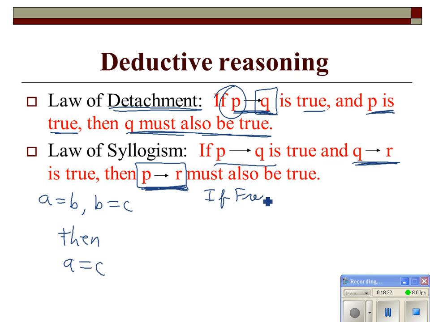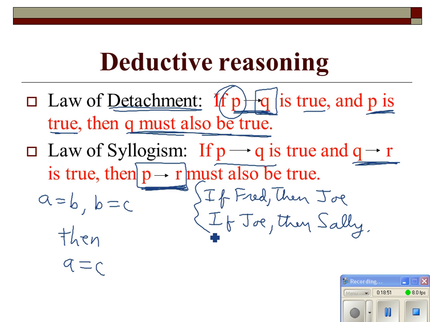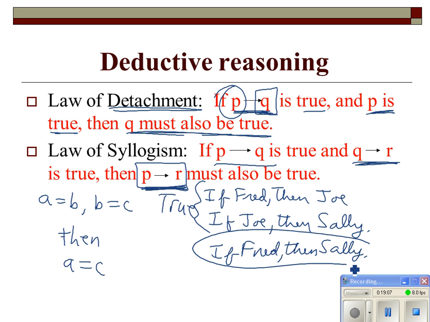If Fred, then Joe, and if we know that that's true, and then we say if Joe, then Sally, and we know those two are true, then we can come up with the conclusion that if Fred, then Sally, and we can say for sure that that's true. That's the law of syllogism.